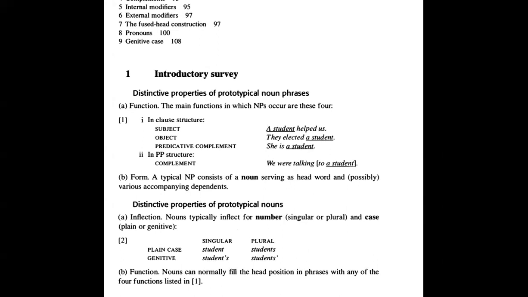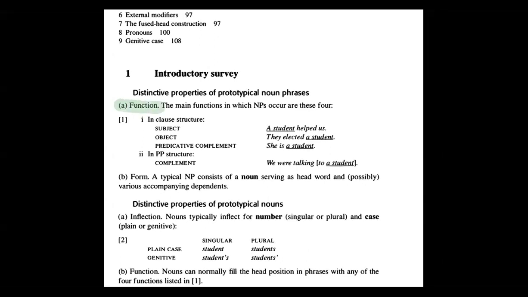Here we need also to know that there are many functions of the noun phrase in any sentence. It might be subject, object, predictive complement, or a preposition structure complement. Like we were talking to a student: to a student here we call a preposition phrase. As a predictive complement: she is a student, because I'm predicting that, I'm not sure.